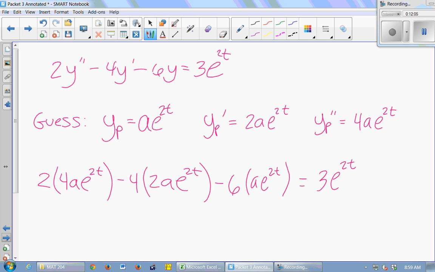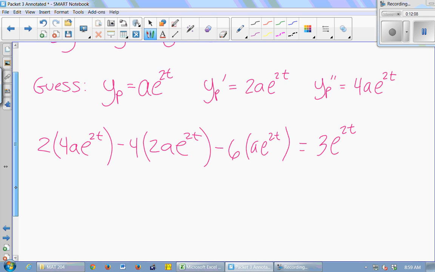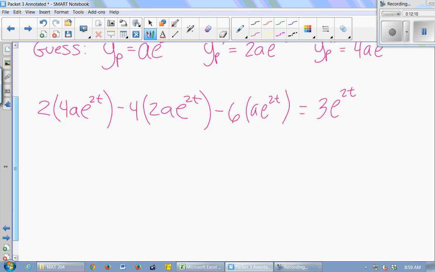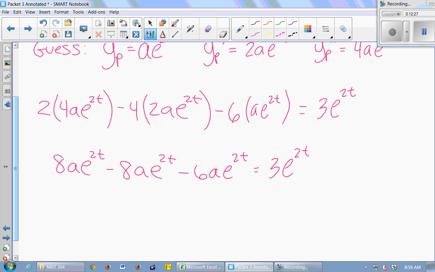All right, so I'm just going to do some multiplication, combining like terms. So I have 8a e to the 2t minus 8a e to the 2t minus 6a e to the 2t equals 3e to the 2t. All right, so those go away.